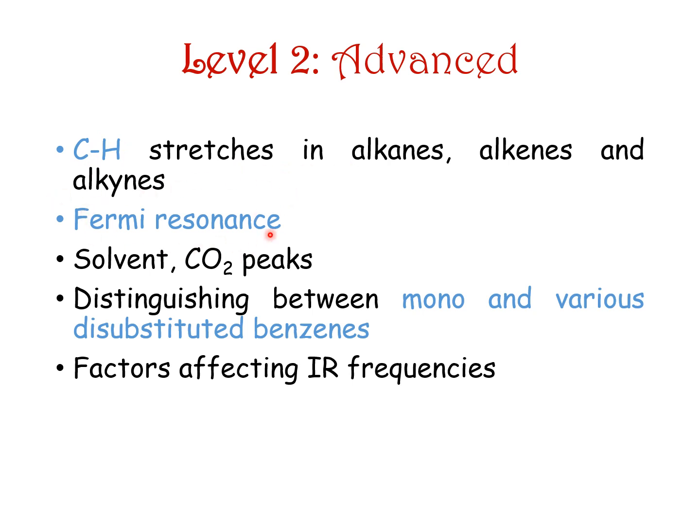What do we mean by Fermi resonance? How can we see peaks of the solvent if it is a liquid IR? If a lot of CO2 has accumulated in the sample chamber, how does it give rise to peaks? And in the fingerprint region, how to distinguish between mono-substituted benzenes and various disubstituted ones, that is ortho, meta and para types of benzenes.